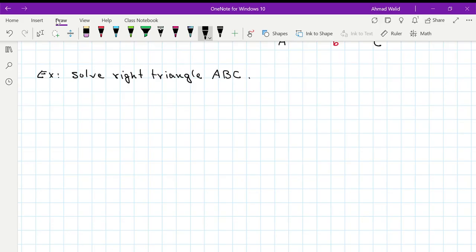Angle A equals 34 degrees, and lowercase c equals 12.7 inches.